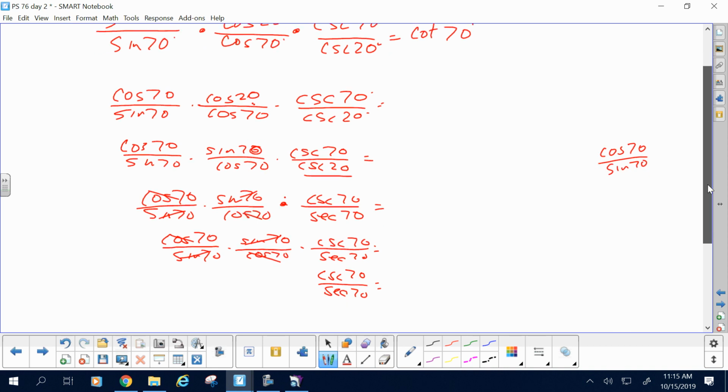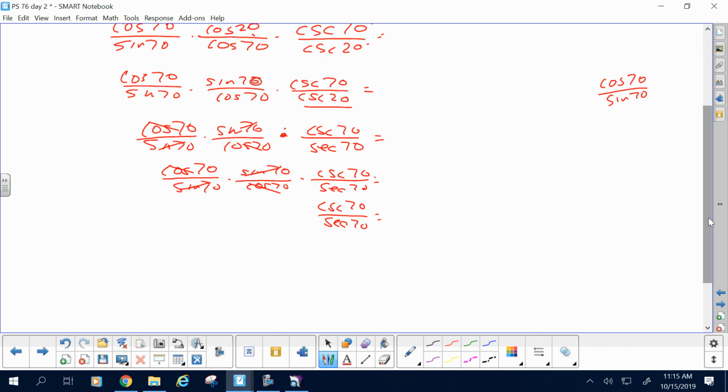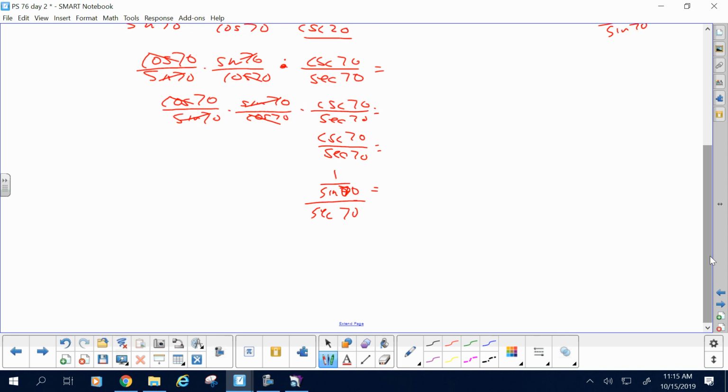Okay, we're almost there. What can you put in for cosecant? 1 over sine. Cool. 1 over sine 70 over secant 70. What can you put in for secant? 1 over cosine.